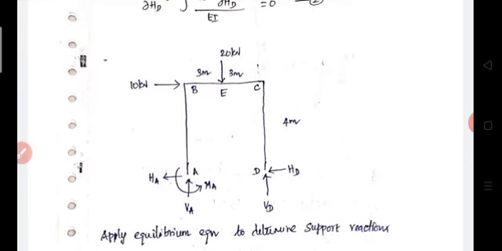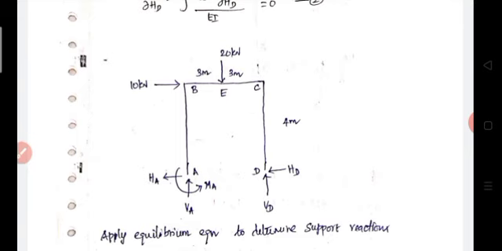Then apply the third equilibrium equation, summation of moment about A equal to 0. So that is minus MA, since MA creates an anti-clockwise moment. Then 10 kilonewton into 4 meter creates a clockwise moment, 10 into 4 is 40. Then 20 into 3 also creates a clockwise moment.